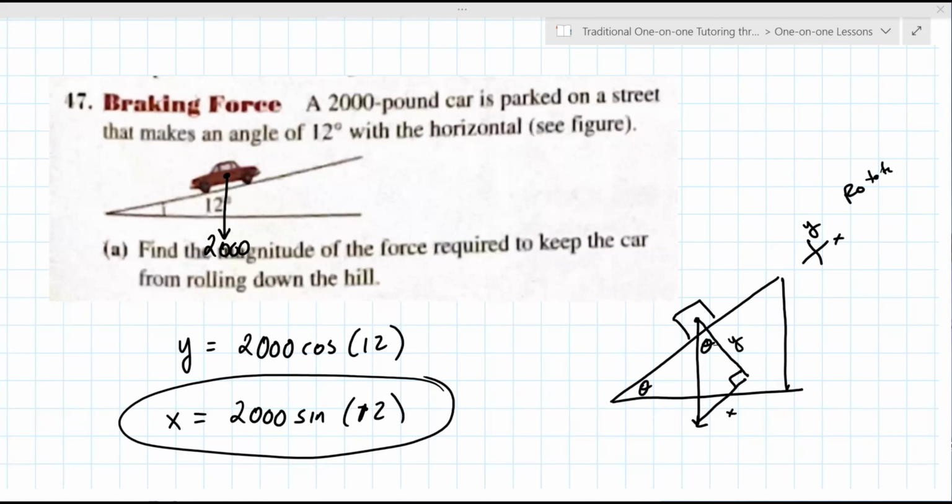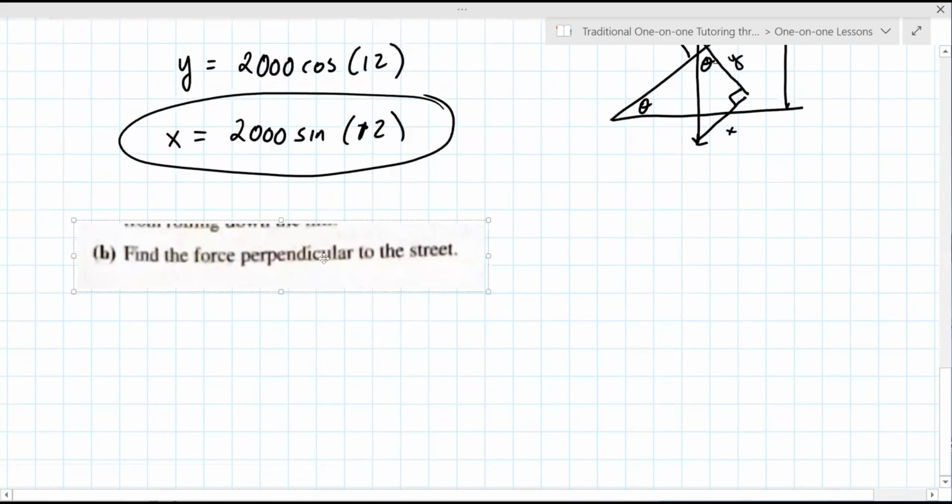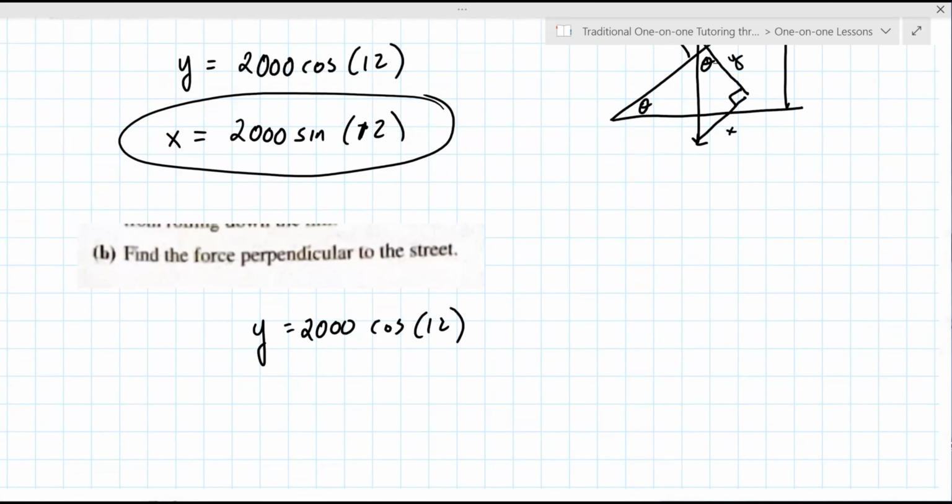Okay, part B. Part B is just finding the other one, the y value. So basically you just got to find both of these. And your answer is in pounds. Let me get these for you in case you want to compare your answers.